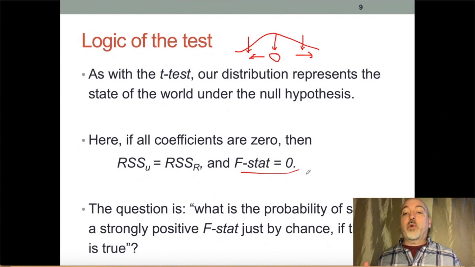So what is the probability of seeing the strongly positive F statistic that we calculate just by random chance across repeated samples, if the null was true? If that's highly unlikely, we reject the null and conclude our coefficients are not 0. So again, the mechanics look a little bit different. The calculation certainly is different, but the underlying story should be familiar.